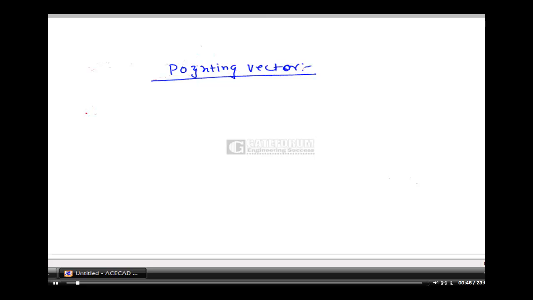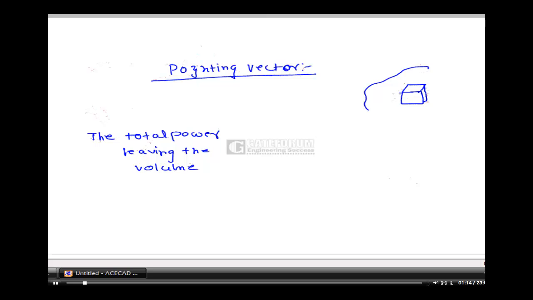Simply, what is the Poynting vector? Suppose you consider a volume. This is some volume in free space.